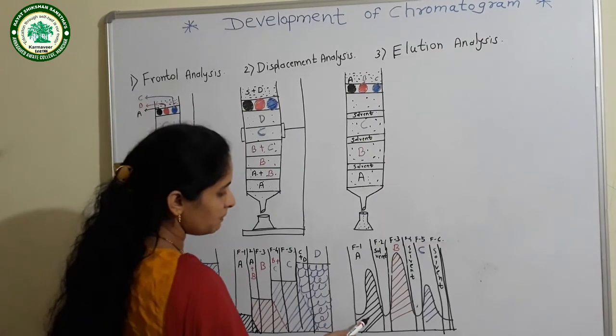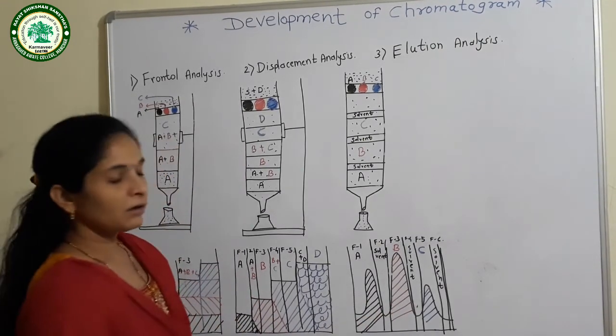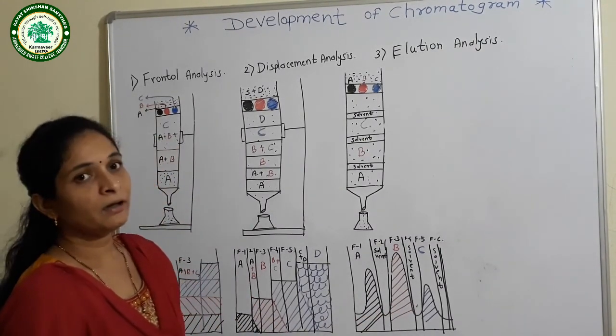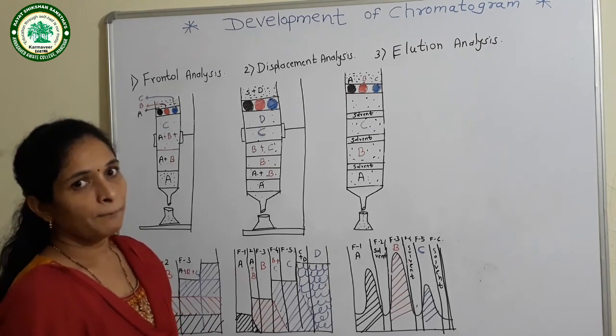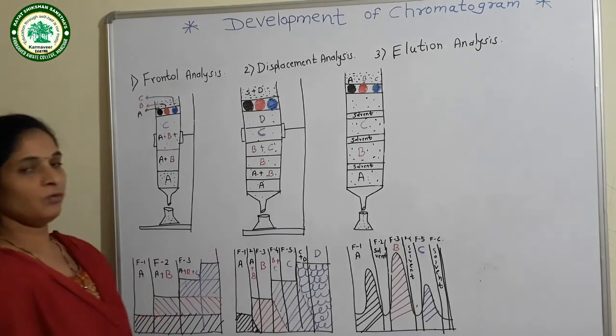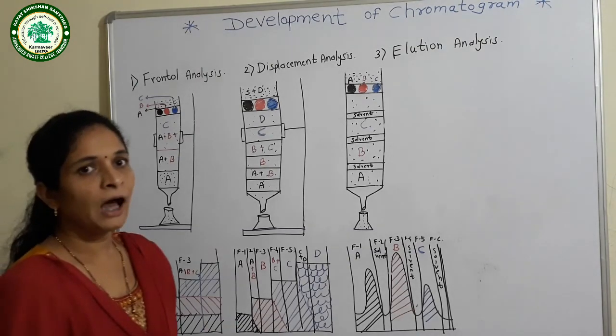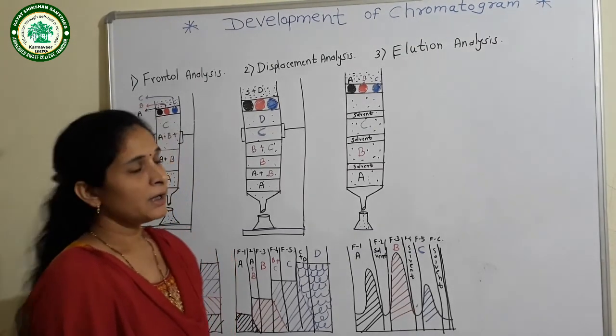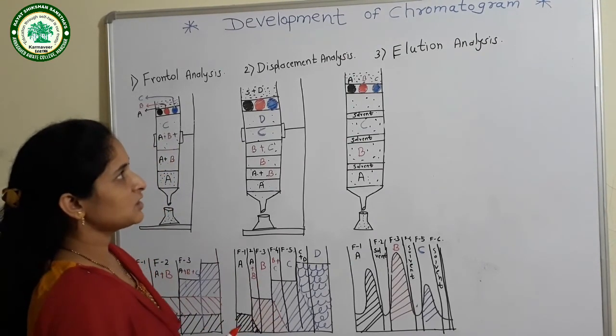And from this peak area, we can calculate the amount of the compound present in the mixture. From the retention volume also we can calculate how much of that compound is present in the mixture.